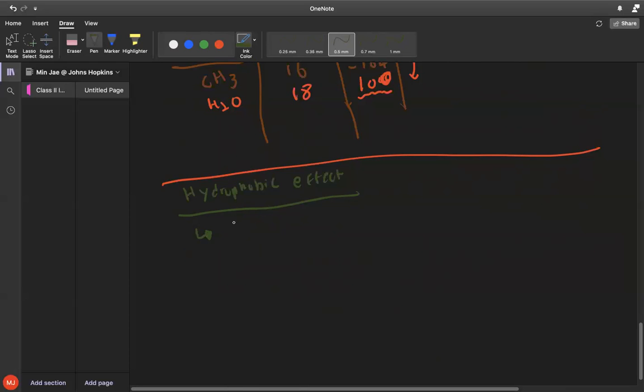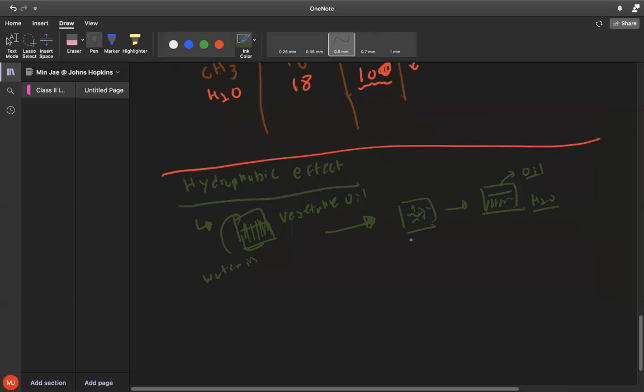The most common example of the hydrophobic effect is if you have vegetable oil, and then you decide to pour water in. I don't know why anybody would do this, but if you shake it, initially there will be a lot of mixture going on, but if you wait long enough, there is a clear separation between the water and the oil layer.